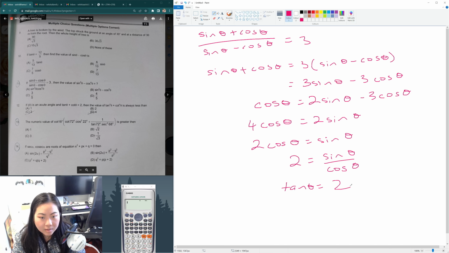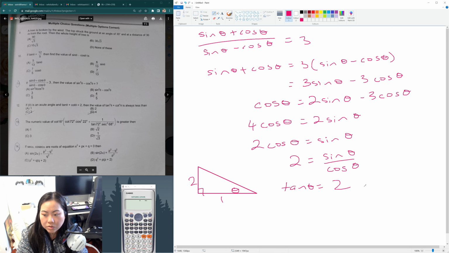Alright, now what? Since tan theta equals 2, we can find the value of theta. I wonder if that's what they want. Or we can draw a triangle. Oh, let's draw a triangle first. Tan is opposite over adjacent. 2 is the same as 2 over 1.